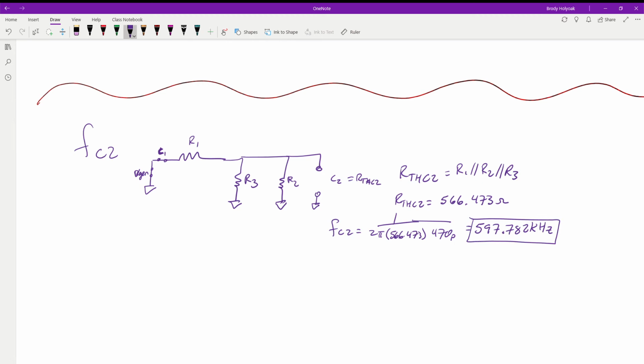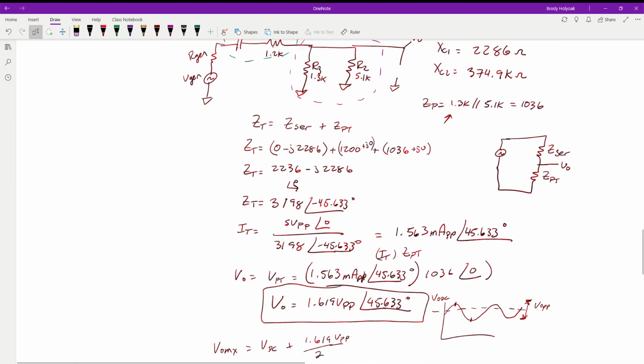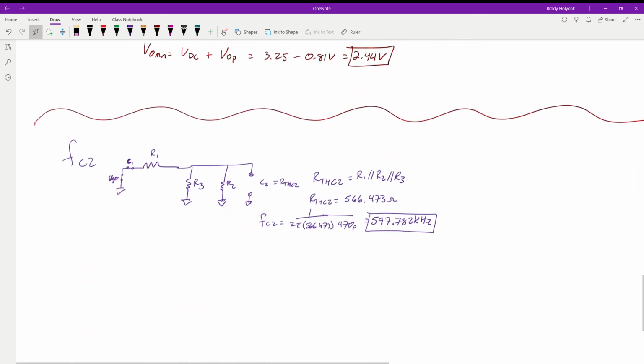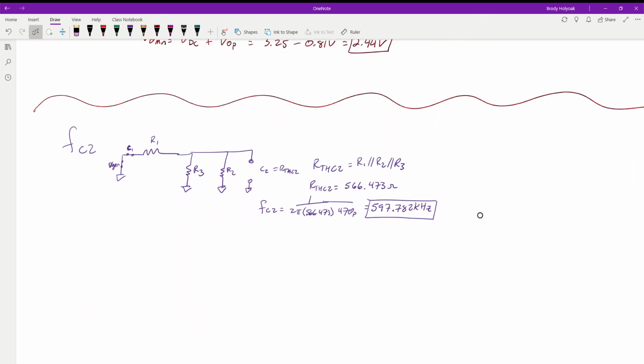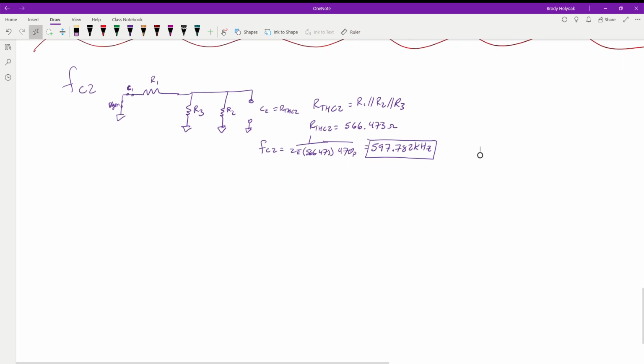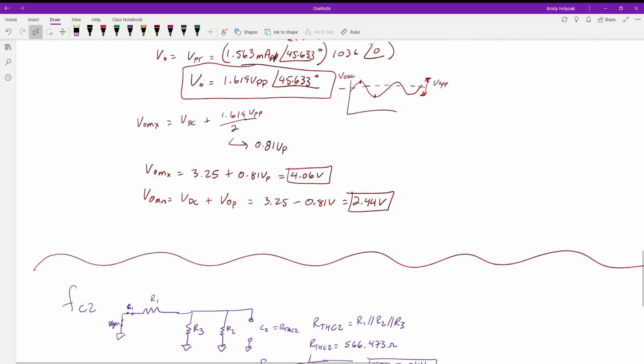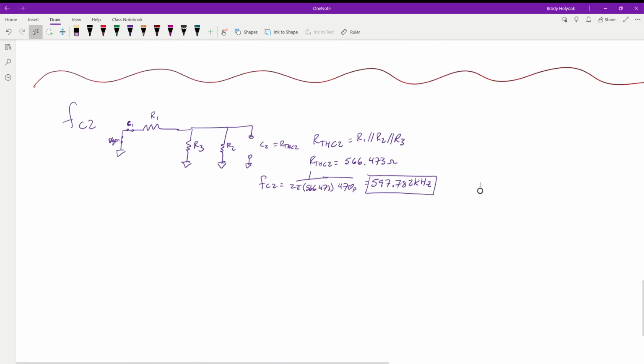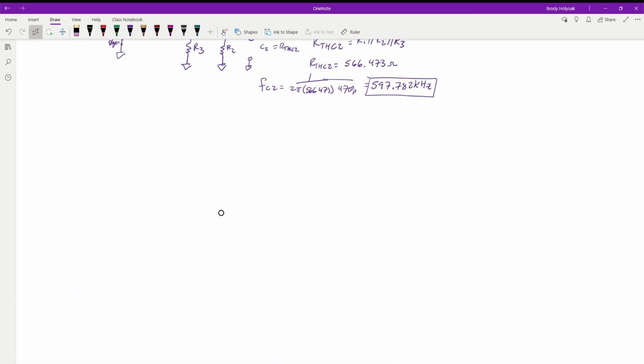So now we have this frequency, so we're going to go through and do the exact same thing that we just did up here for our critical frequency 1, but we're going to solve it based on this frequency, our critical frequency 2. So first things first, we can come back here and reference this picture because this is not going to change other than we're going to have capacitor 2 there versus capacitor 3 or capacitor 1. So when we redraw our circuit, we have our RGen and the VGen.